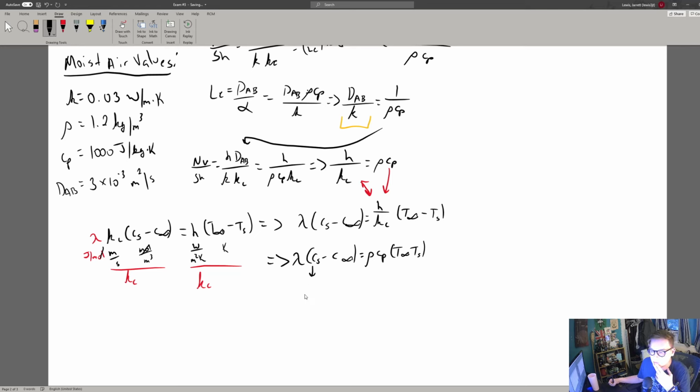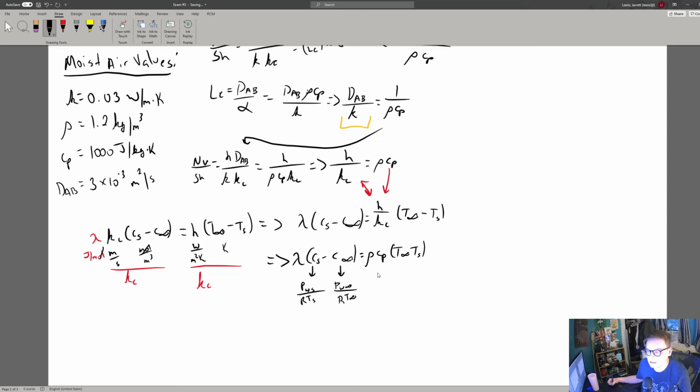This will just be equal to the pressure of the water at the surface divided by the ideal gas constant times the temperature at the surface. And it'll be the same for the environment: pressure of the water at the environment divided by the ideal gas constant times the temperature of the environment.